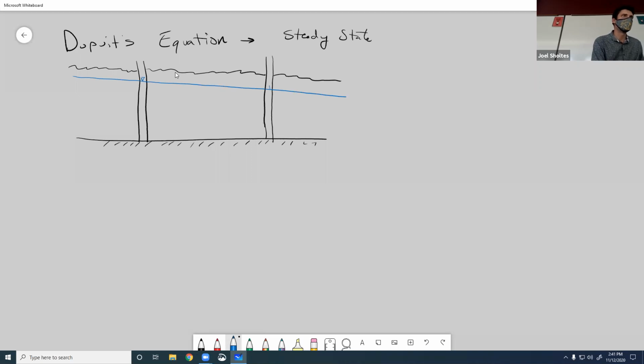It's unconfined. Right now it's unconfined, but this works with confined. This is unconfined. And water is flowing in this direction.